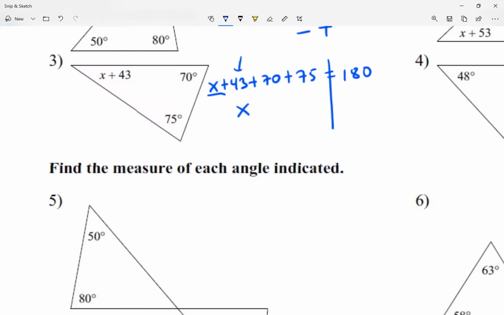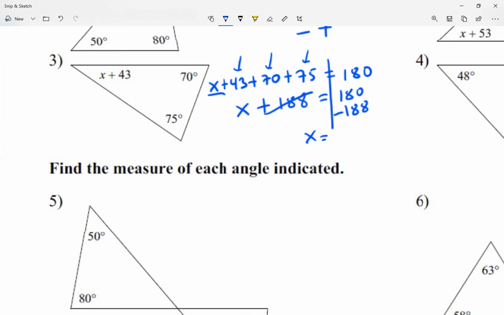Numbers-wise, 43 plus 70 plus 75. That is 188. And all this is equal to 180. The plus 188, let me move it to the other side as a minus 188. So I get that x is equal to negative 8.